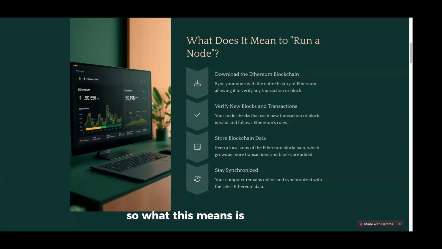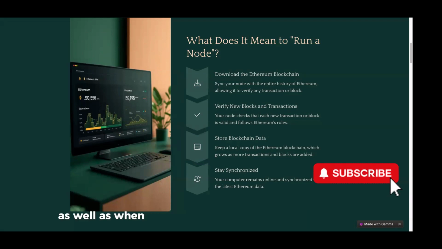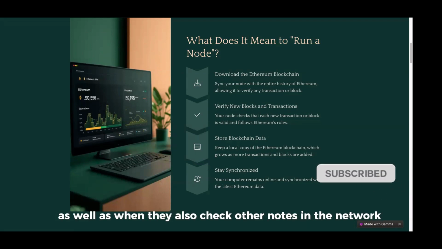So what this means is that the data in your node is up to date, is in line with the data in every other node in the network. So if for instance I want to identify or verify a particular transaction, when they check my own node, they should be able to find that data, as well as when they check other nodes in the network.